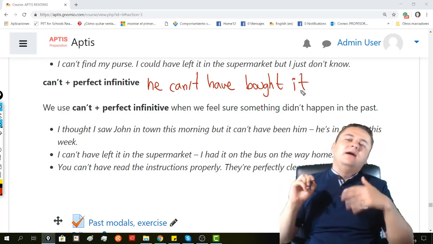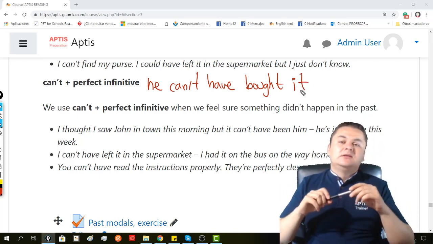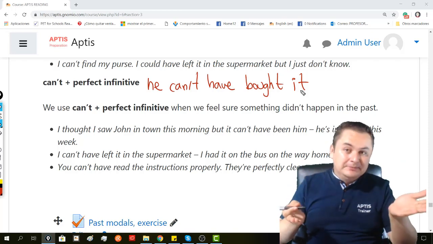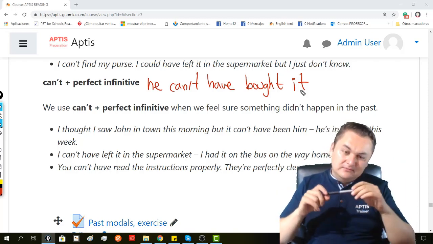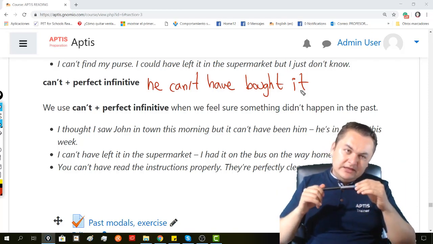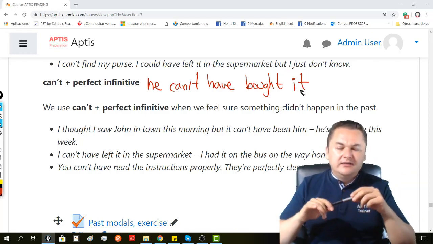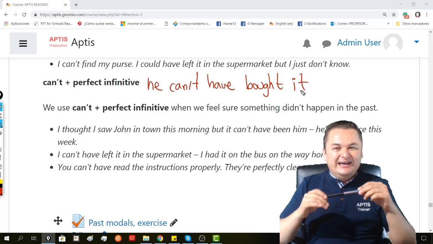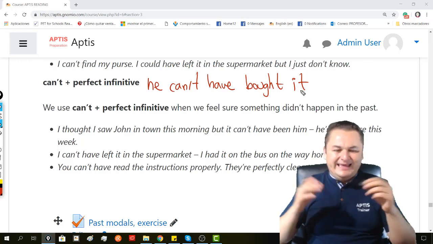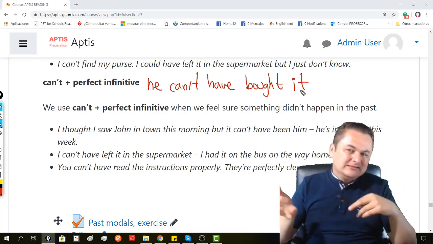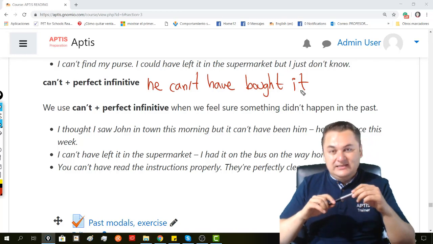Meaning, I am sure it didn't happen because he doesn't have the money. I say, yeah, I saw your brother driving this expensive car. And then I say, nah, he can't have bought it. He can't have bought it. He doesn't have that money.